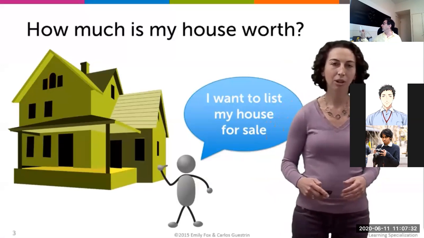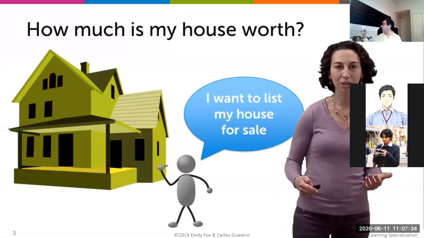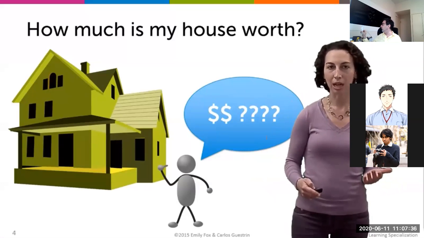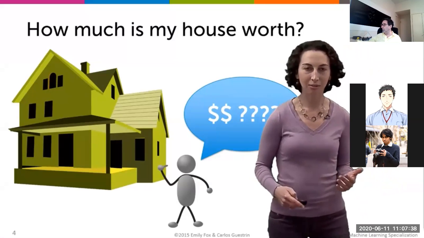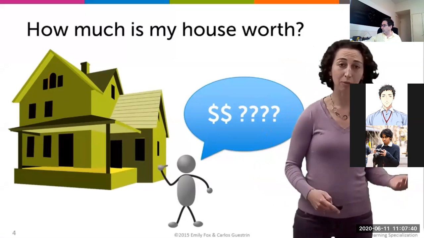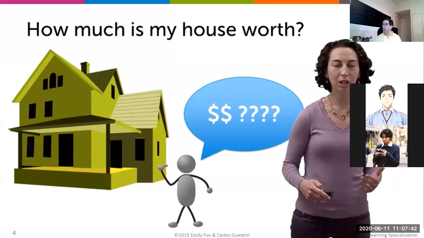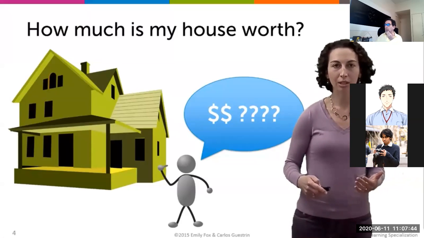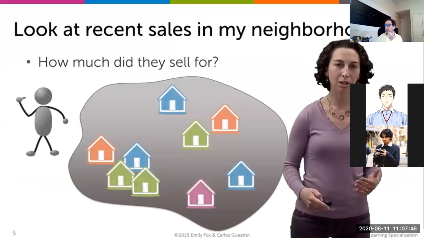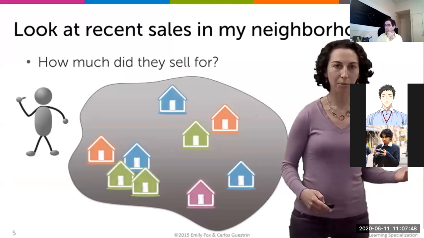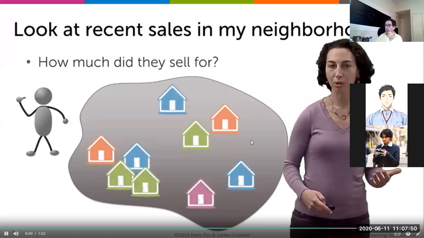So in particular, we have some house that we want to list for sale, but we don't know the value of this house. And as we discussed at fairly great length in the first course of the specialization, what we're going to do in this case is we're going to look at other houses that sold in the recent past and look at how much they sold in different.